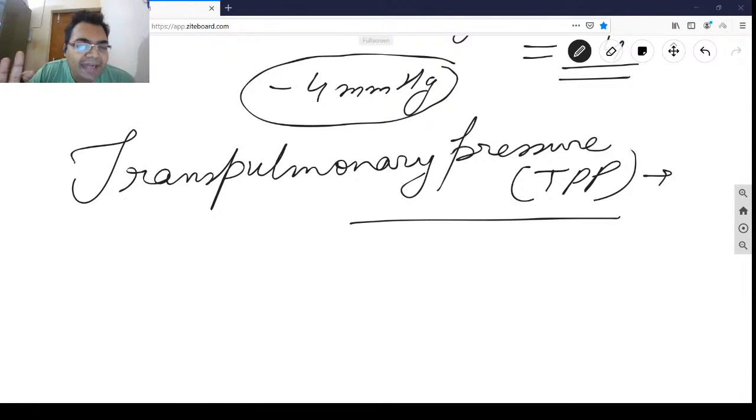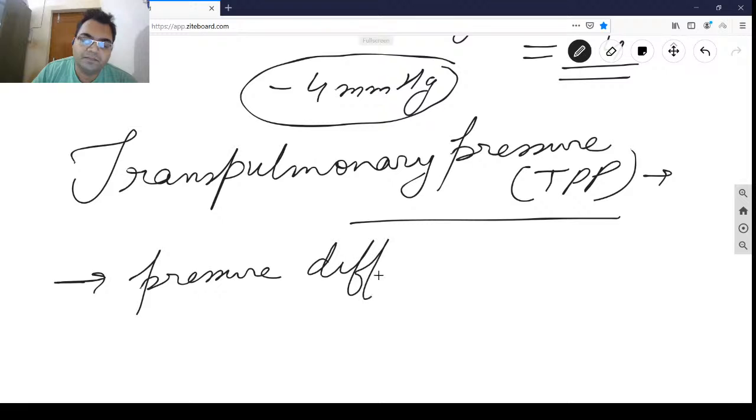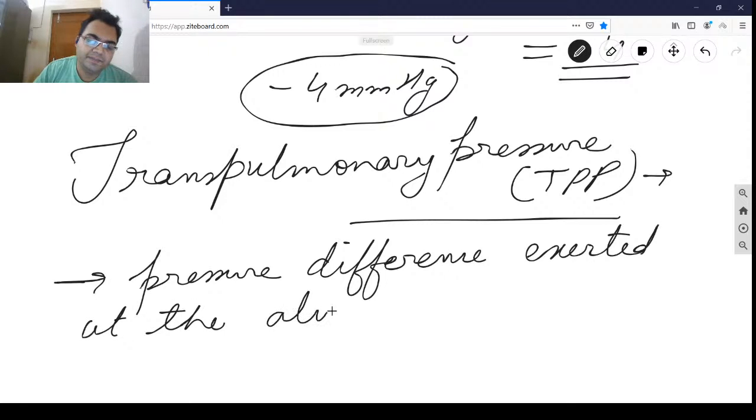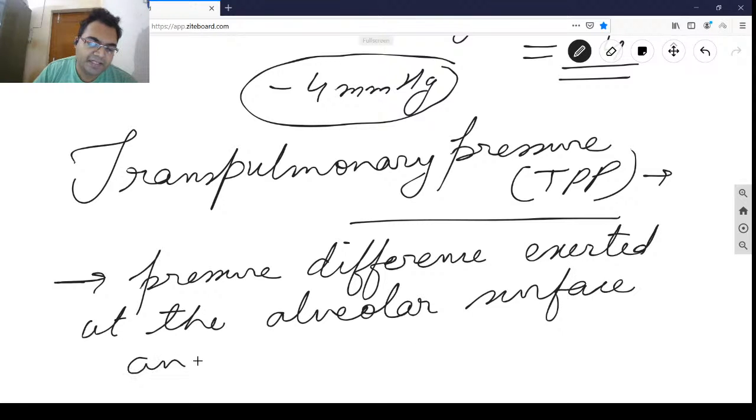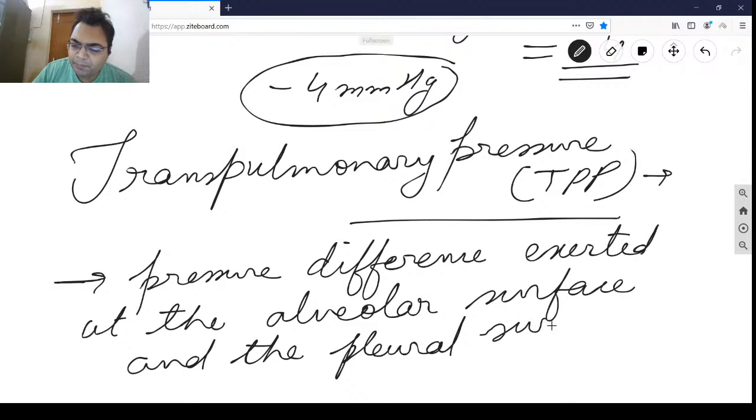The thing is, at the cellular level, the transpulmonary pressure is the pressure difference exerted at the interface between the alveolar surface and the pleural surface, meaning alveolar pressure minus pleural pressure.